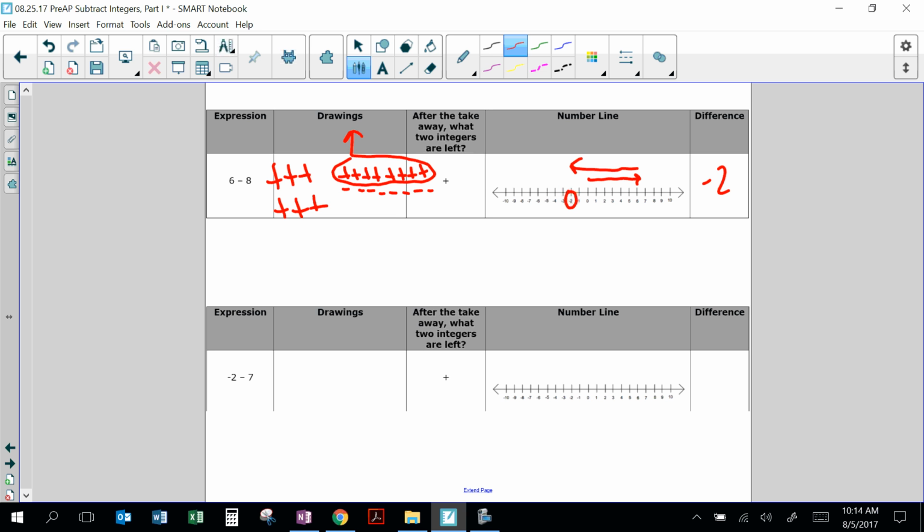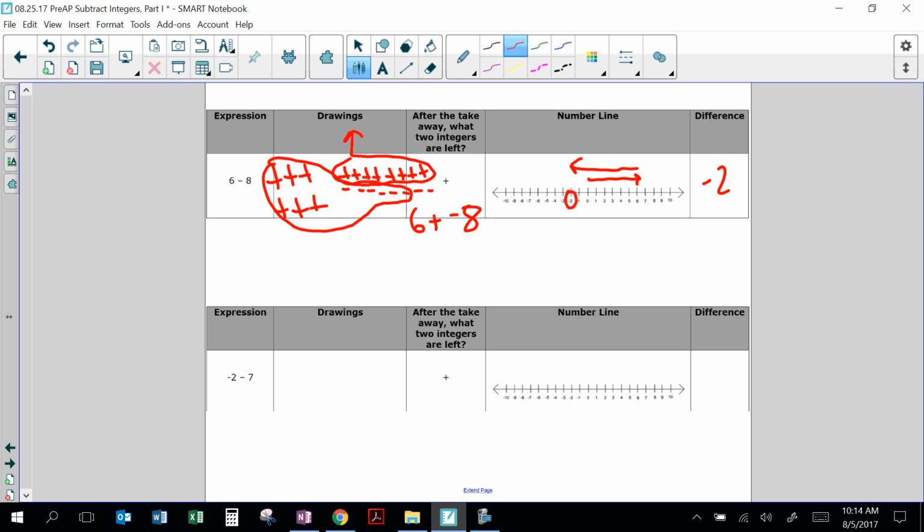Bye-bye. What do you have left? I have 6, and I have -8. 6 plus -8. These all become 0 pairs, and you are left with -2. And that's our answer right here.